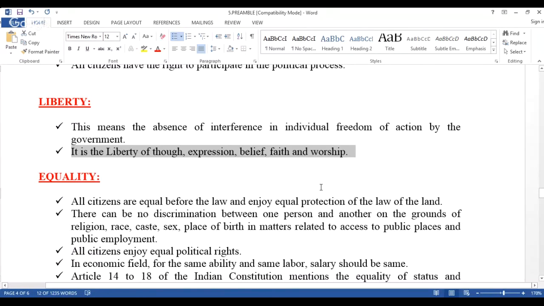When we say liberty, it is the absence of interference by the government in the individual's freedom of action. In an individual's freedom, the government is not expected to interfere, maybe in our thought, expression, belief, faith, and worship. Don't interfere. That is called liberty. Clear? Enough liberty has to be given to the people.